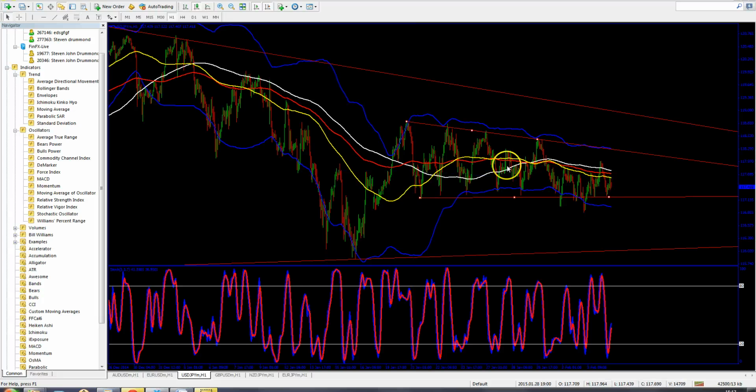So it's quite a long period of time. This has just been consolidating, and if you were long or if you were short, you'd be getting frustrated because this trade is going nowhere. So it's a good tactic to learn how to range trade, and we'll learn more about that later.